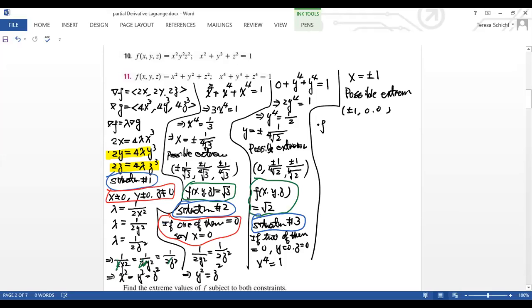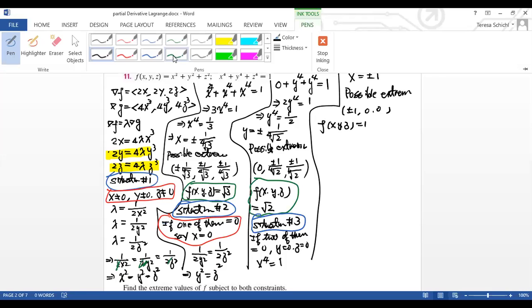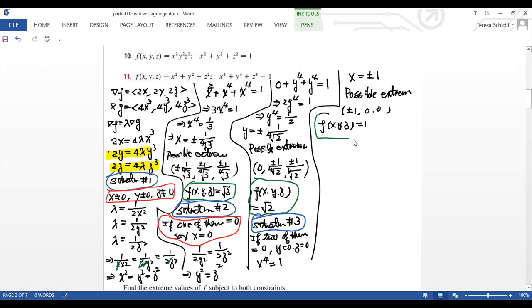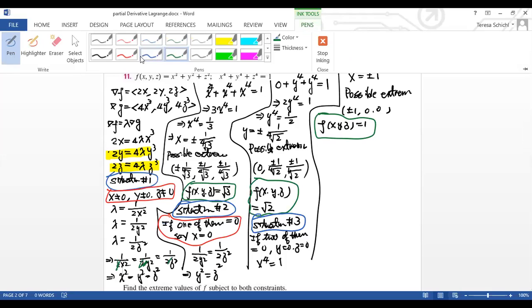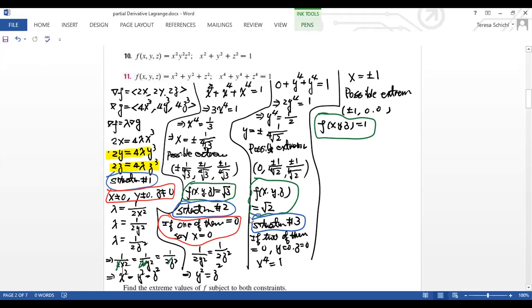If you substitute into f of x, y, z with plus minus 1, 0, 0, what you get here is 1, see here, right? Let me circle that. So this is 1 here. So those are the possible extrema here. Now let's compare where is the max and where is the min. The maximum here will be the square root of 3.